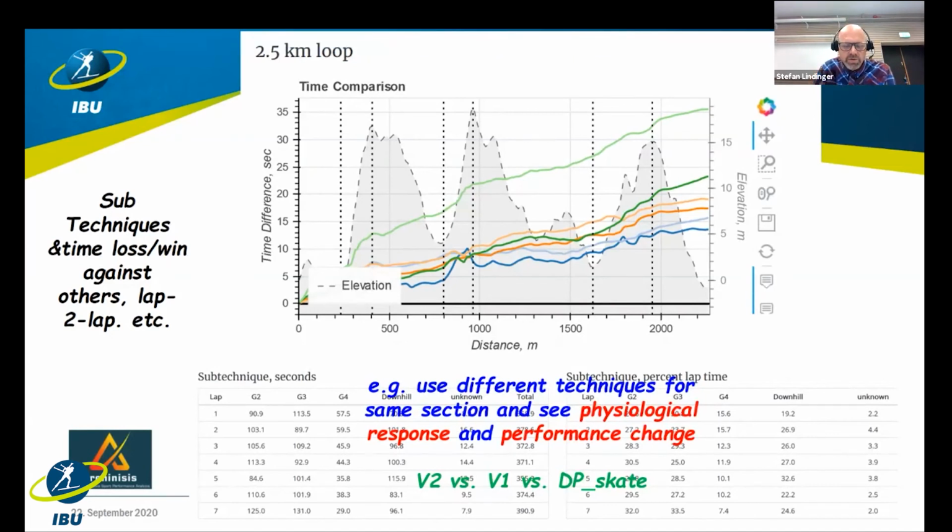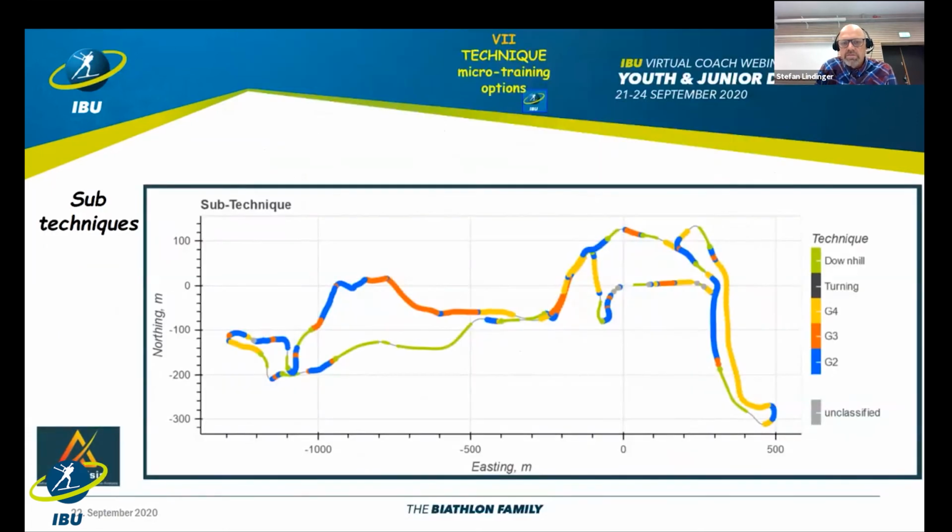For example, V2 versus V1 in steep uphill versus double push skate. And then you can see what fits you individually better. And this is a sub-technique in percent over the whole track. You see exactly how many percent you use of which technique on the track, and that can correlate to performance individually.